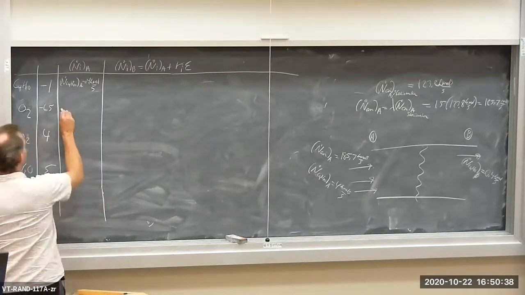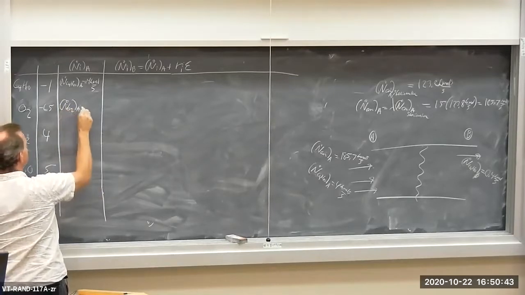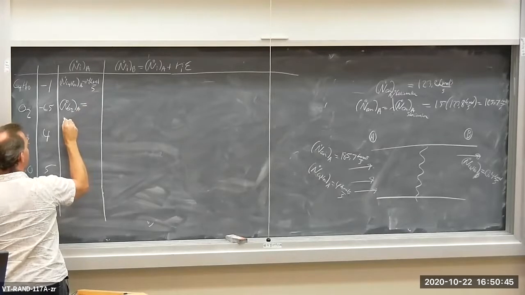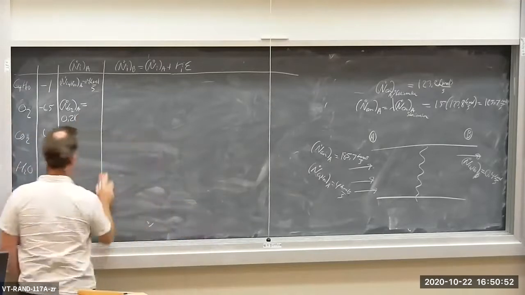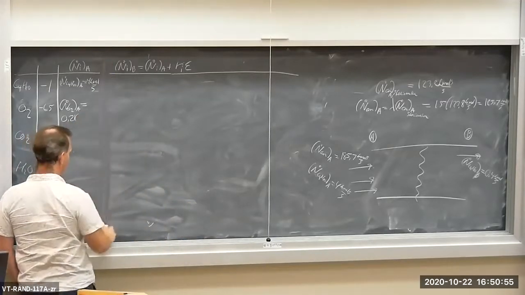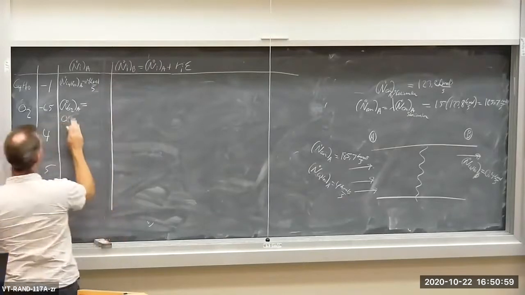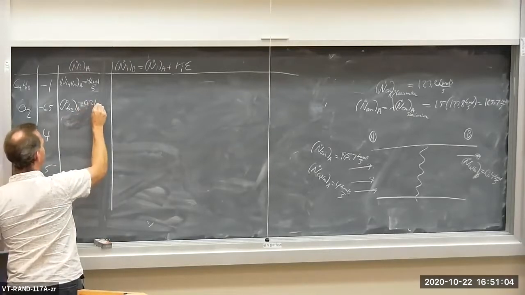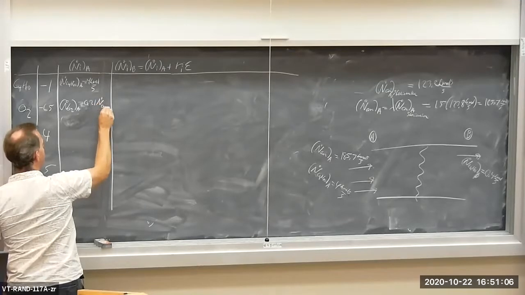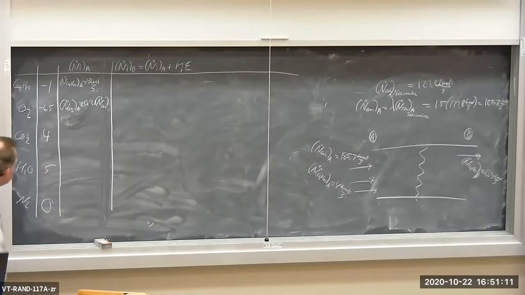Well, n dot O2 at the inlet is going to be equal to the mole fraction, 0.21, of the air.